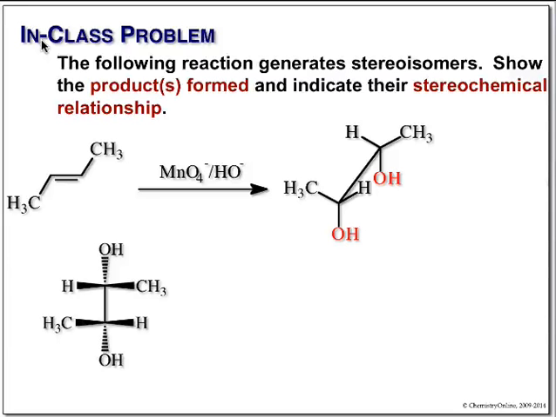Very quickly look at this and tell me if this is R or S. Our priorities: hydroxyl, secondary carbon, methyl, and the hydrogen is front. This is counterclockwise, but the hydrogen is front, therefore that is R configuration.